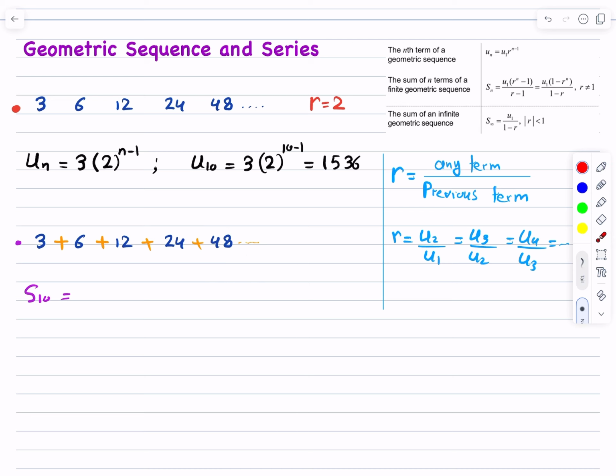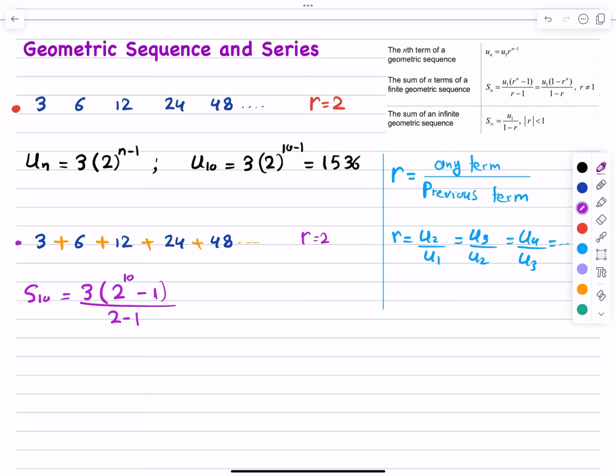In this formula here, as you see, we have u1, the first term, which is here 3, then multiplied by r to the power of n minus 1. So here the common ratio, as we said, is 2. So 2 to the power of n, which is here 10, minus 1, divided by r minus 1. Of course, you can use this formula or this, no difference between them.